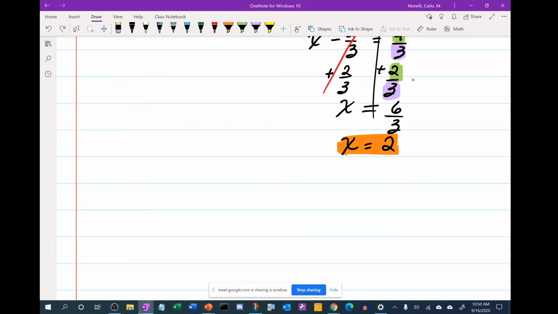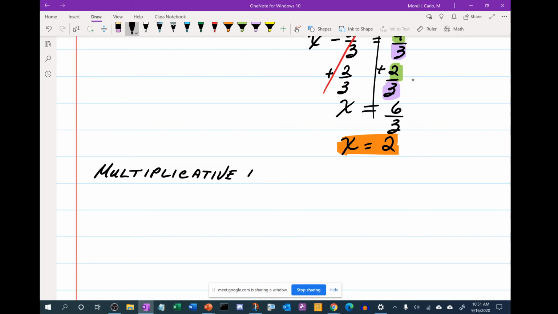Now we're going to move on to our multiplicative inverse. M-U-L-T-I-P-L-I-C-A-T-I-V-E.